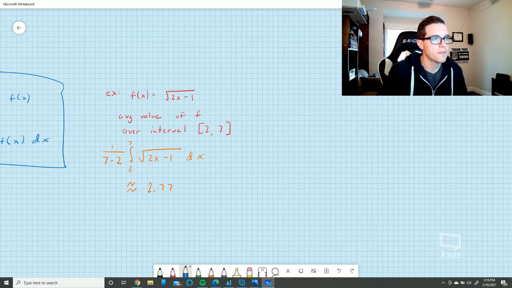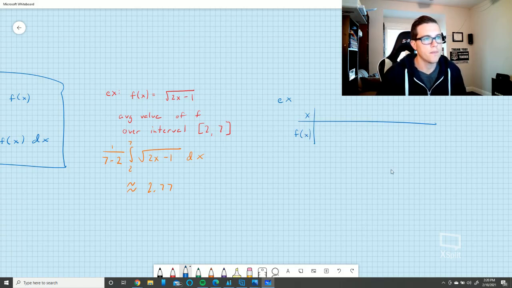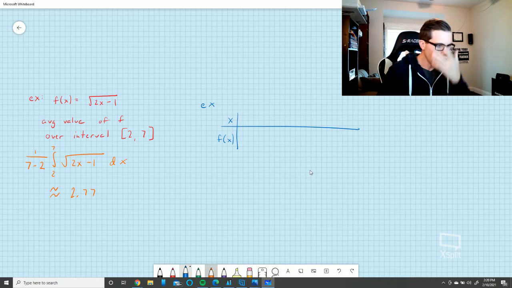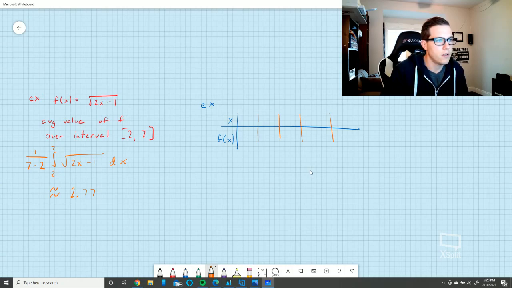Last example, if I give you a table with x and f of x, and I give you these values, 2, 4, 6, 8, 10, and I give you 1, 3, -2, -1, 3.